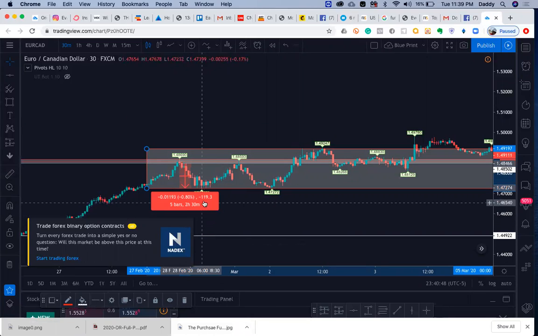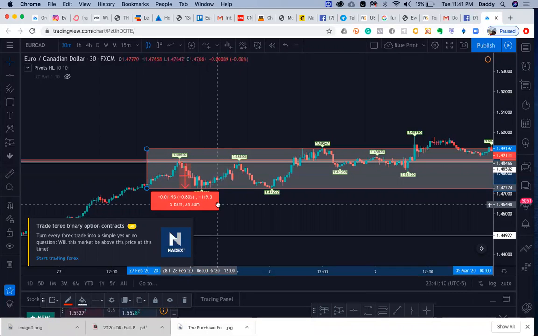This is $119, if you're trading a lot size of 0.10, where each pip was $1. So imagine you're having to work 20 hours at a fast food restaurant just to make $200.